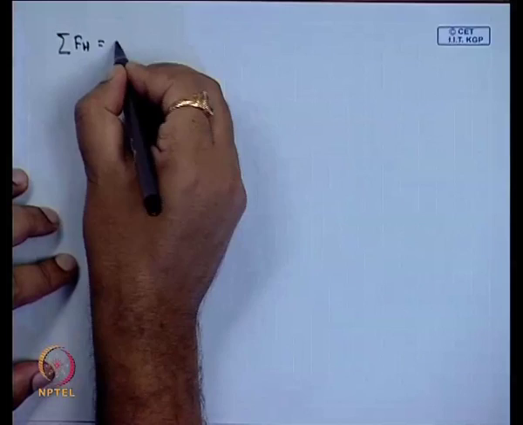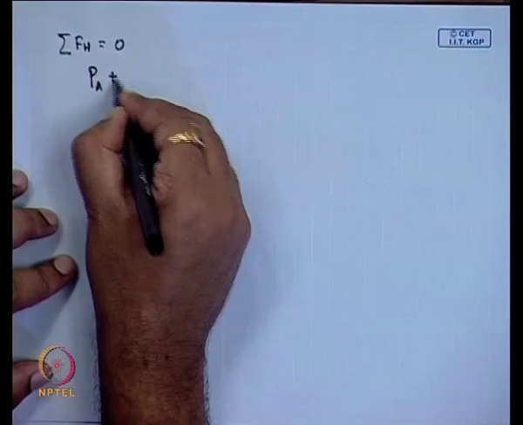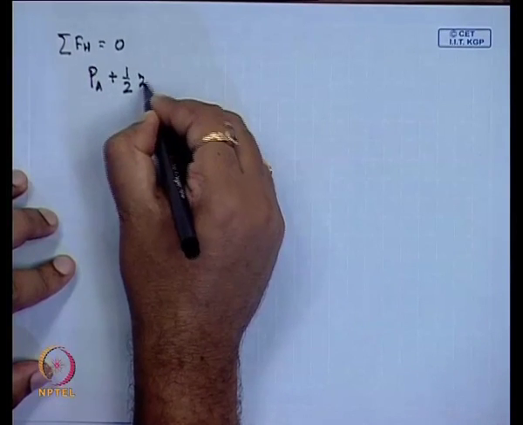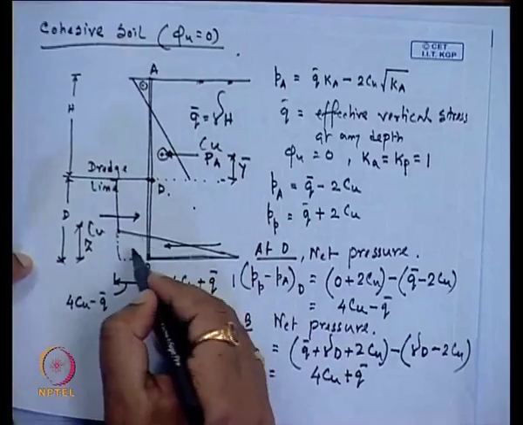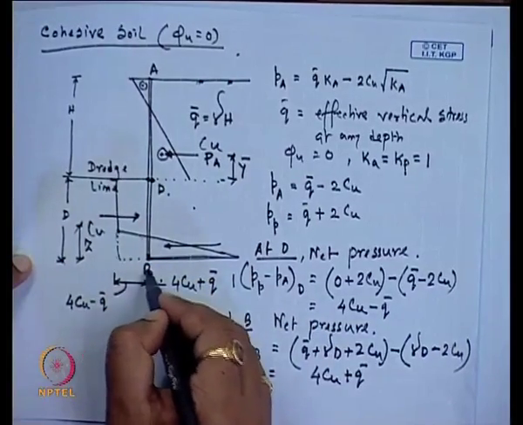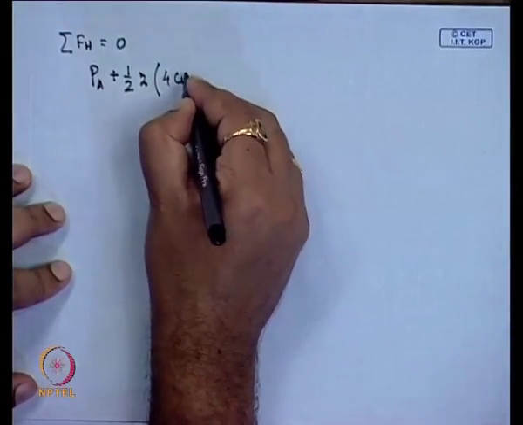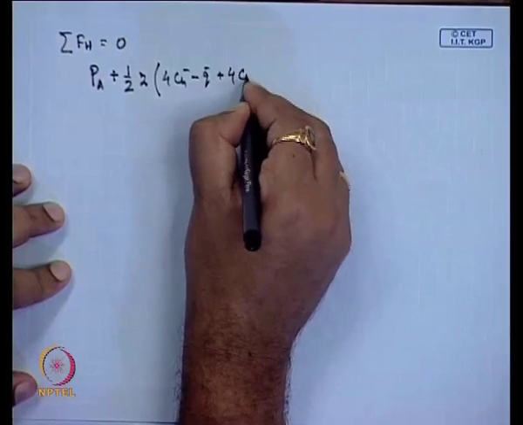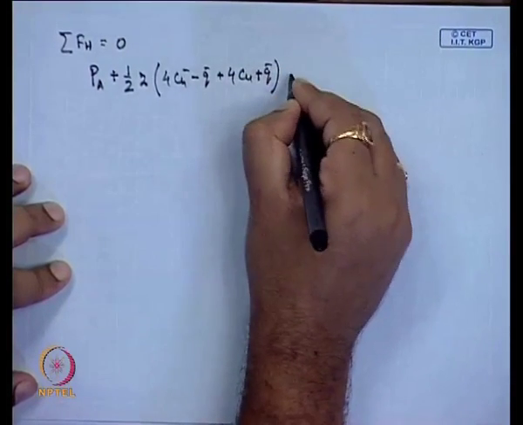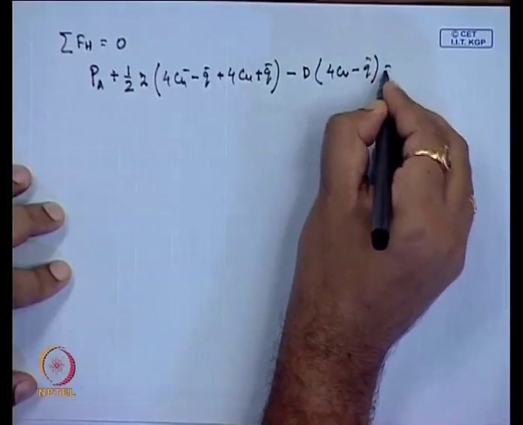So, in this way, summation of F_h is 0. This is P_A, the total force of the upper portion, plus half into Z into this triangle, that is half into Z into (4 C_u minus q bar plus 4 C_u plus q bar), minus d, the depth, into (4 C_u minus q bar) for this rectangle, is equal to 0.